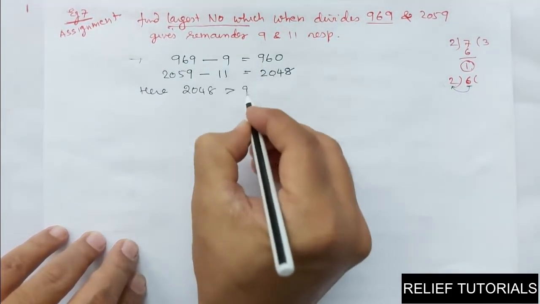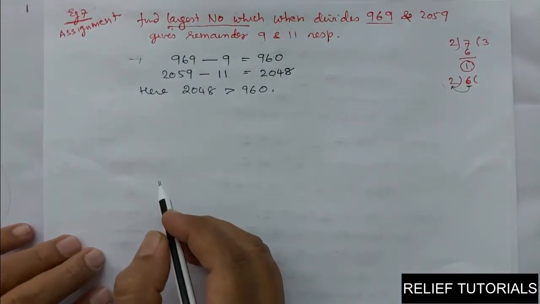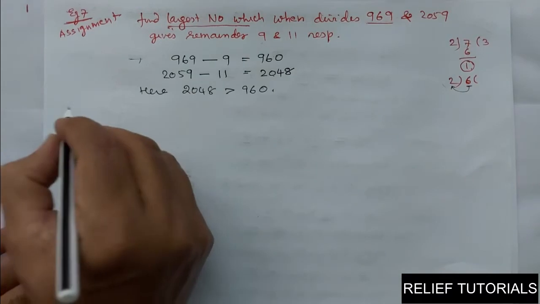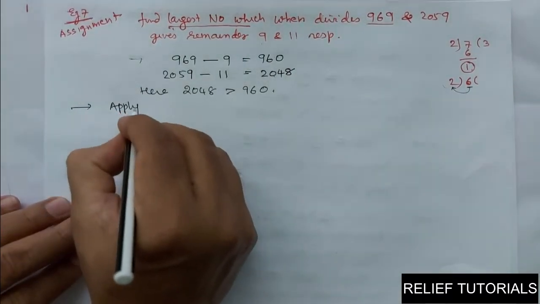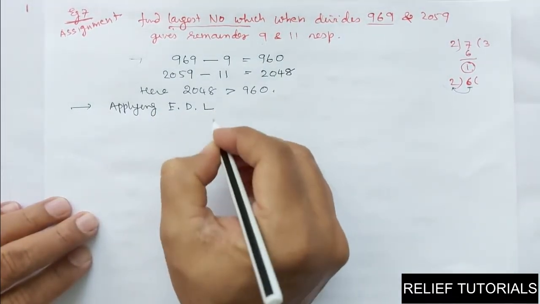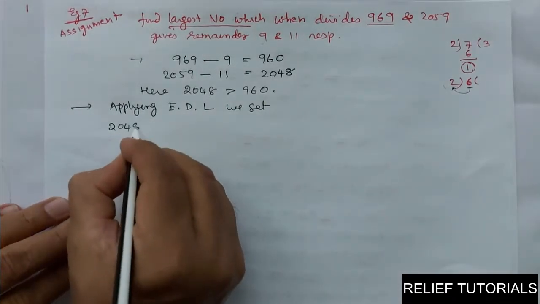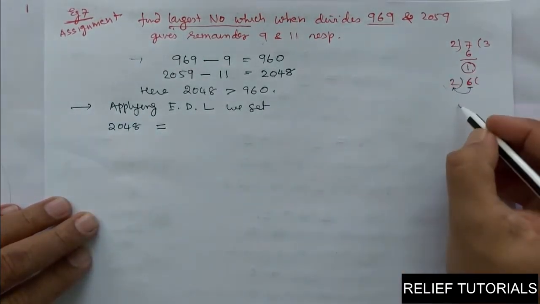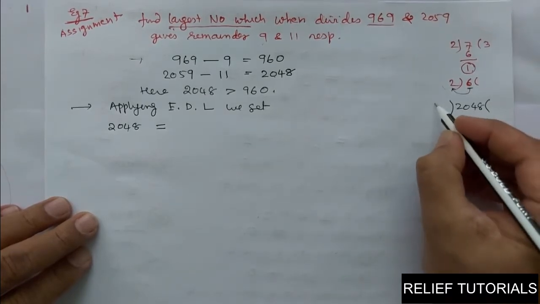So now, here I can say 2048 is greater than 960. So we will apply Euclid division lemma. Okay. So applying Euclid division lemma, 2048, you have to divide 2048 by 960.